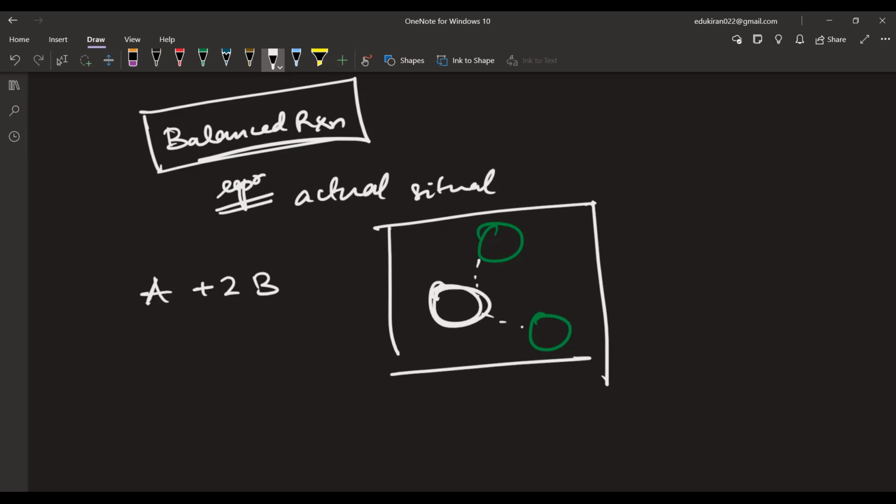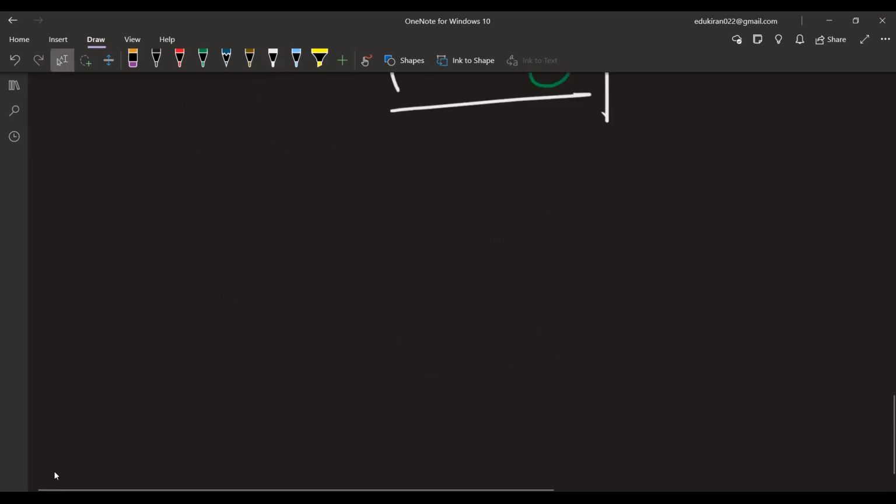Now, if I look at the complex reaction, please write here. For complex, then you will understand the elementary much better. Complex reaction.